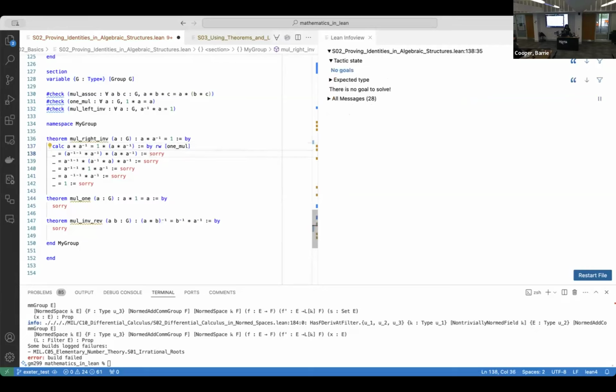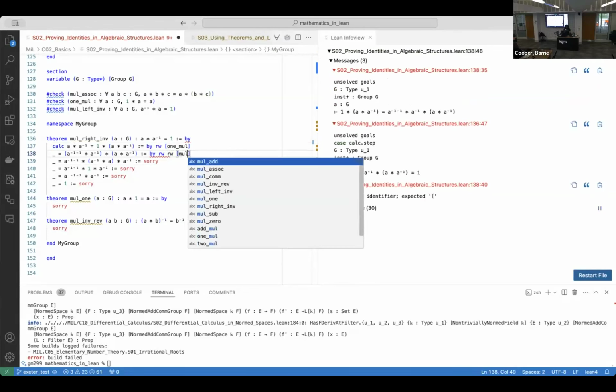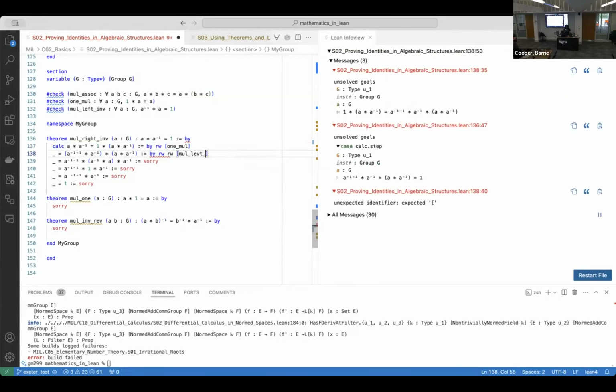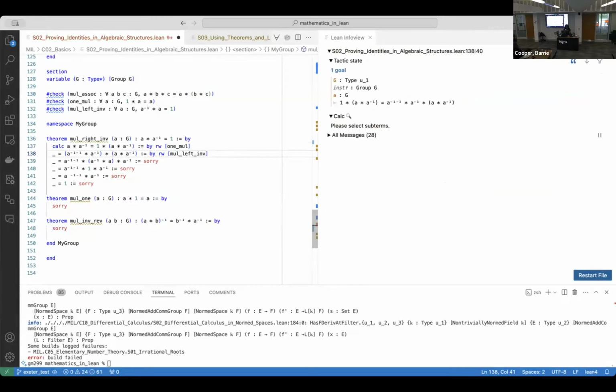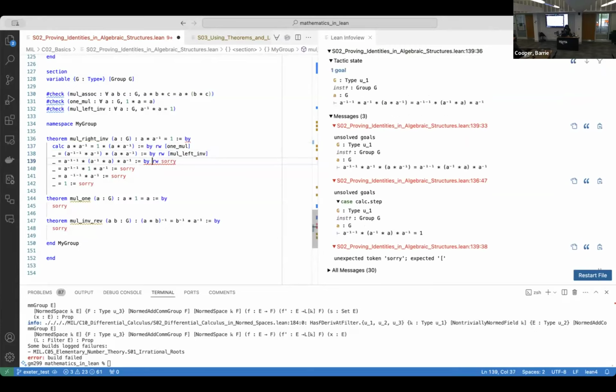Okay, so what's the next one? More left inverse. We've got two rewrites now. There's a double rewrite, probably two, too much. No, so we said we're gonna do repeat, rewrite Massot.